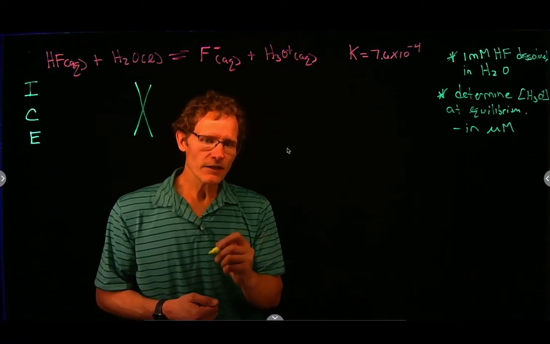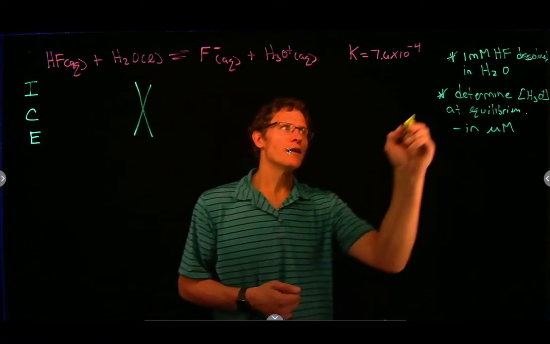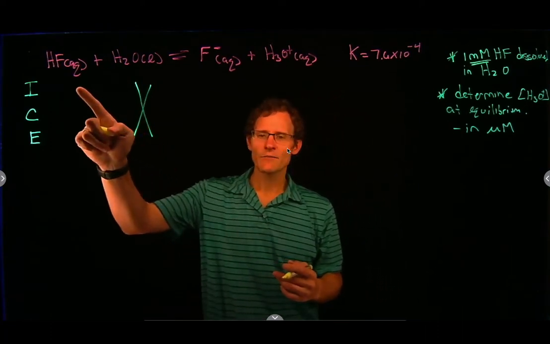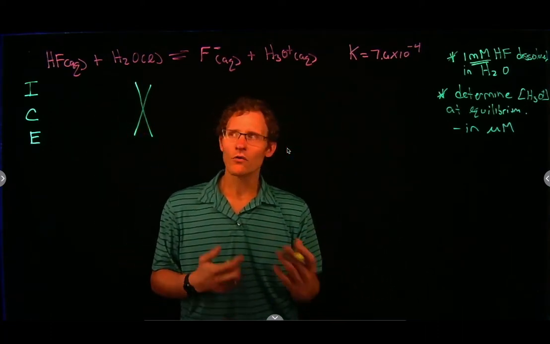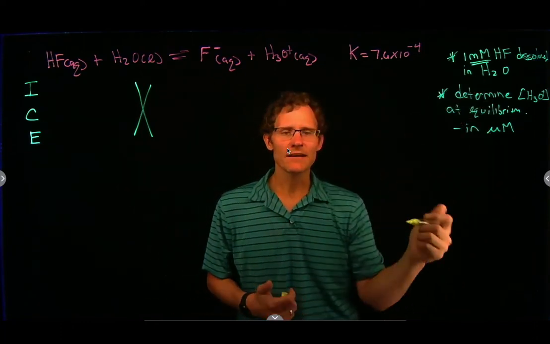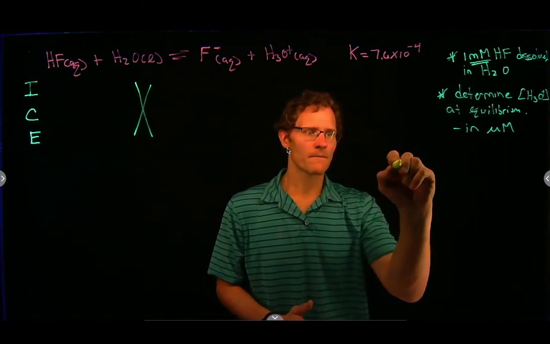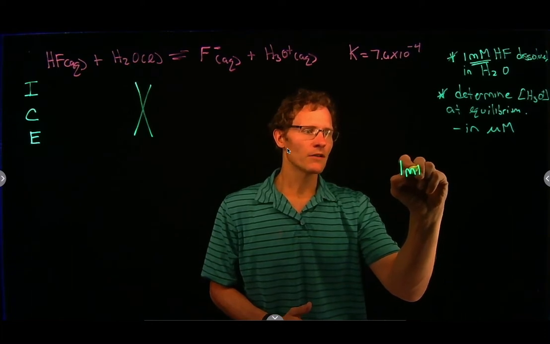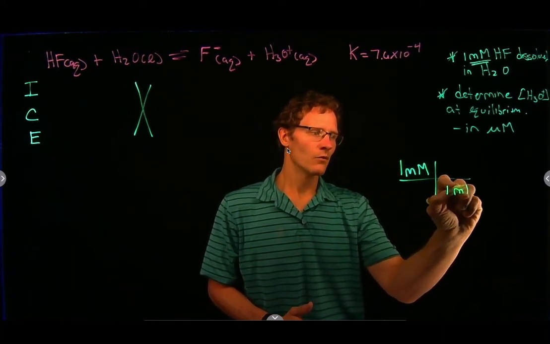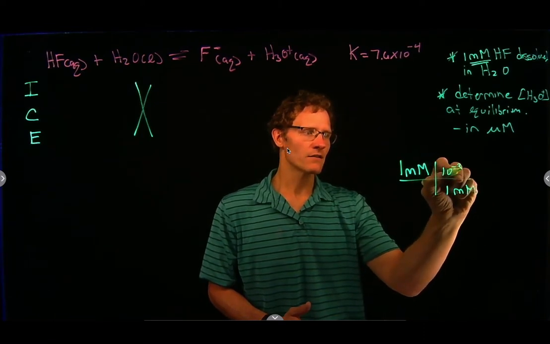Before I get really going, I want to note that this concentration is in millimolar, and we should never put anything other than molar or atmosphere into our ice tables. So let's start by converting this to molar. 1 millimolar is 10 to the minus third molar.